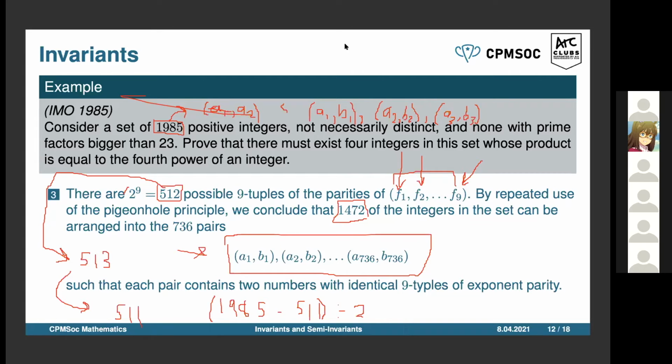There's 1472, so it should actually be 513. So 1985 minus 513, divided by 2, is the total number of pairs you can do.